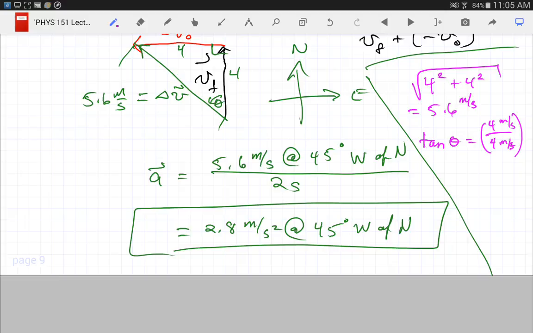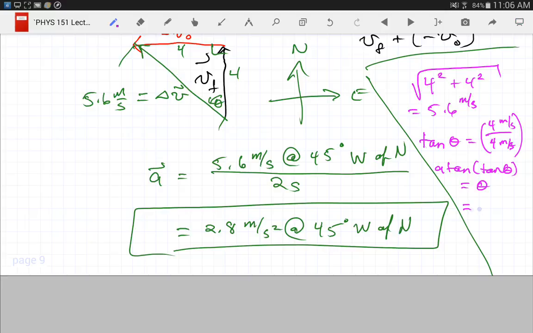How do I find theta if I know tangent theta is 1? I take arc tangent, which is the inverse tangent. If I do inverse tangent of tangent, it's an inverse function, which by definition means it's going to give you back the argument. Theta here being the argument of tangent. So if I do arc tangent on tangent theta, remember arc tangent and inverse tangent are the same thing, then this side will become theta.